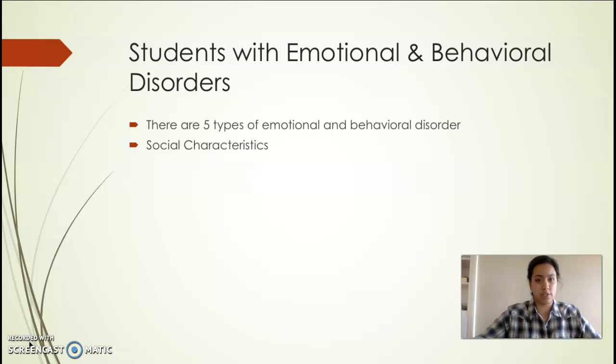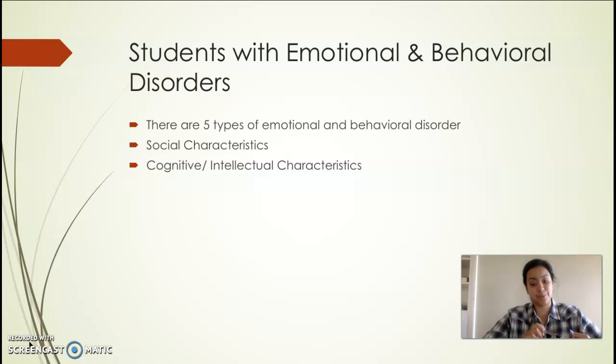Social characteristics that an individual with emotional and behavioral disorders may have is they experience a social challenge and don't have many friends. Bullying is often a reason for depression, and there's 4 different types of bullying, and it causes distress to students and to others.